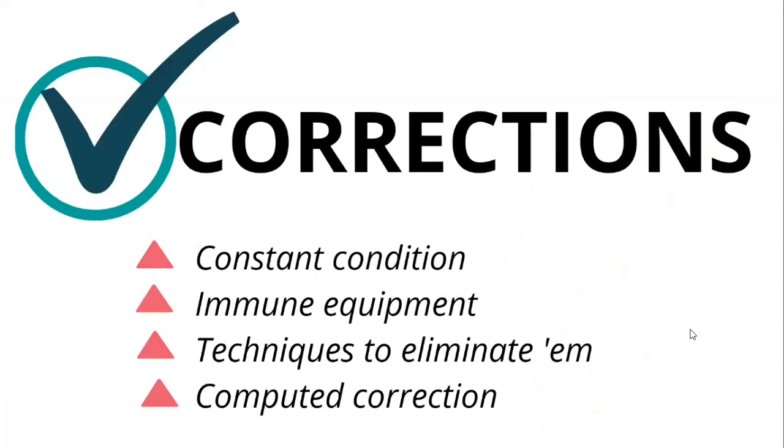Now, how can we correct it? First one is we have to make sure the condition is constant. If the experiment should be done under a certain room temperature, that is what should be done. Then immune equipment. In the sense, certain equipment cannot be used in places which are exposed to sunlight. You should not do that. Similarly, certain equipment cannot be exposed to water. So that should be observed, or you have to buy immune equipment.